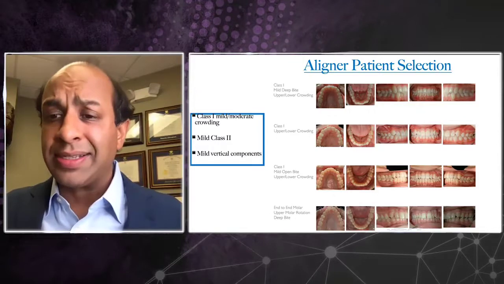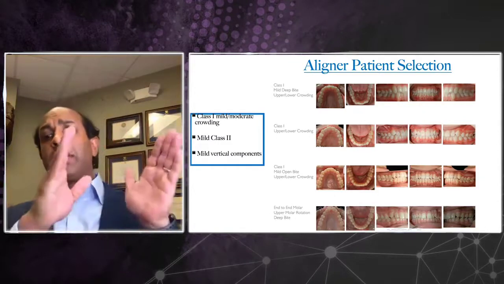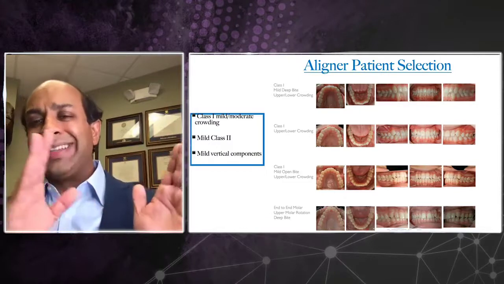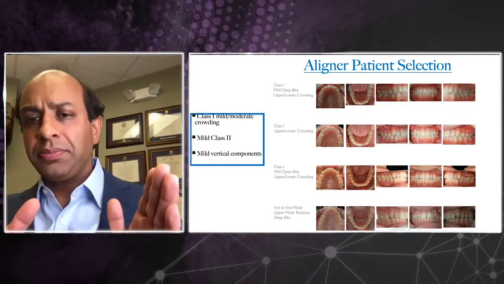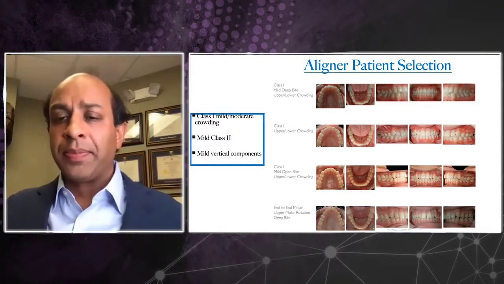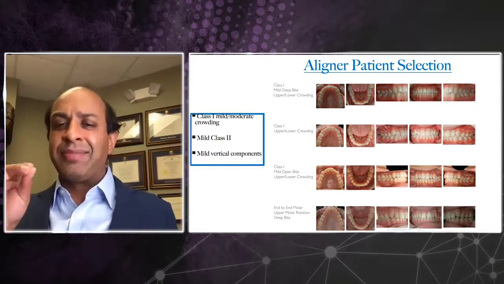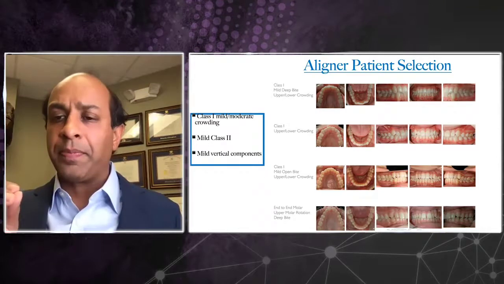Mild class 2 cases where that mesiobuccal cusp of the maxillary molar is slightly mesial to the mesiobuccal groove of the lower. And I'll tell you a trick that will make this a slam dunk analysis for you.